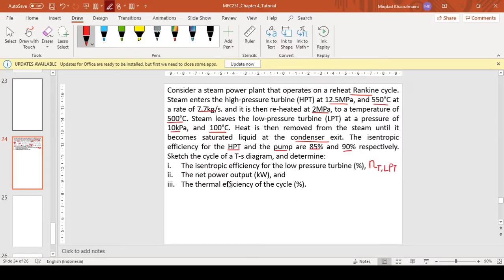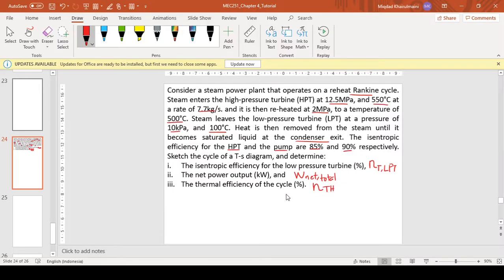Then the net power output in units kilowatt, so W dot net total. And then finally the thermal efficiency in units percentage.